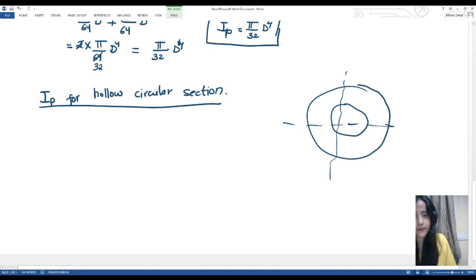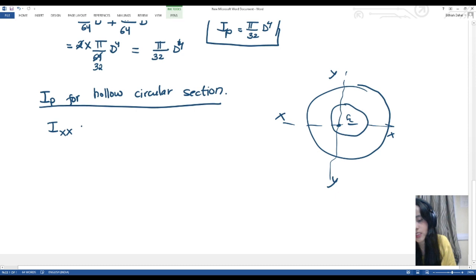This is my centroid G, with the y-axis and x-axis. Now, how do I find the moment of inertia Ixx of a hollow circular section?